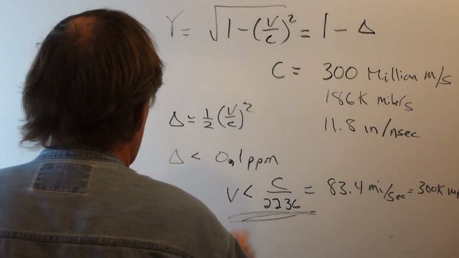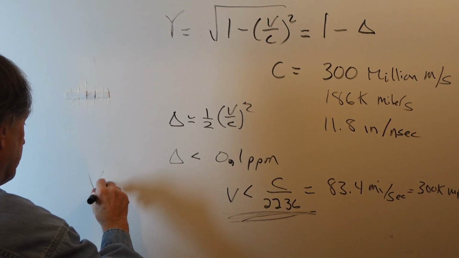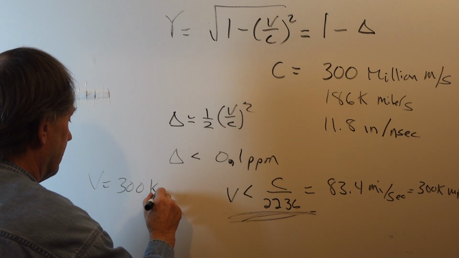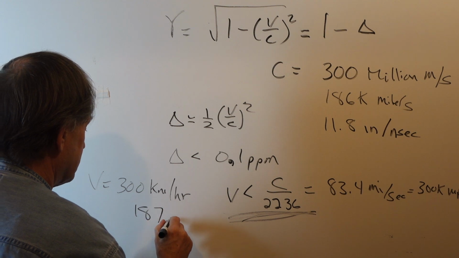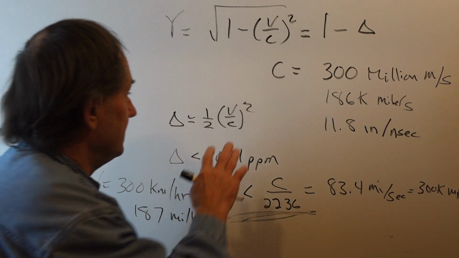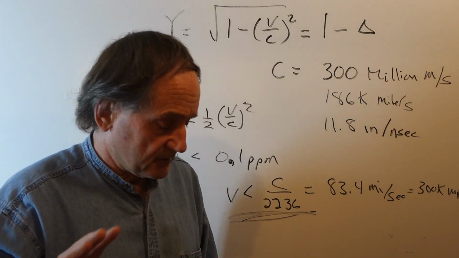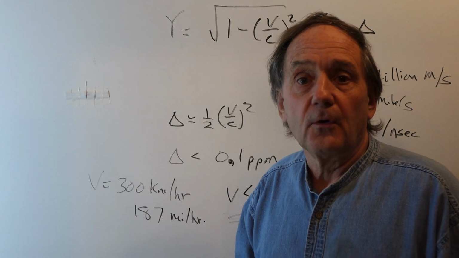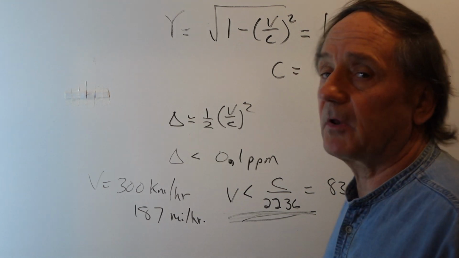And in fact, if, say, the velocity of an object is 300 kilometers per hour, which is around 187 miles per hour, then the Lorentz Factor and Newtonian mechanics agrees with the special relativity theory to around 13, 14 decimal places.